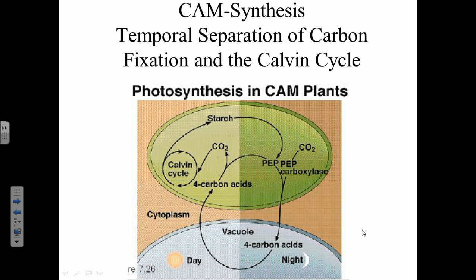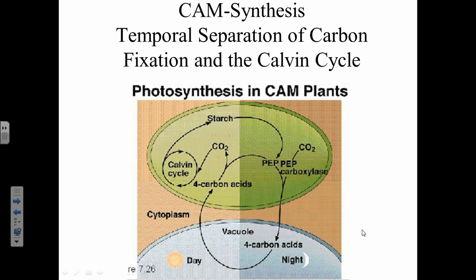As soon as the sun comes up, what happens? Close the stomates, because what happens in the desert when the sun's up? It's hot. It gets really hot really fast. But at night it's cool. So when the sun comes up, that acid they've been storing all night breaks back down and releases what? Carbon dioxide. So there's a constant supply of carbon dioxide, and what enzyme then takes over? Rubisco, and they do the Calvin cycle.